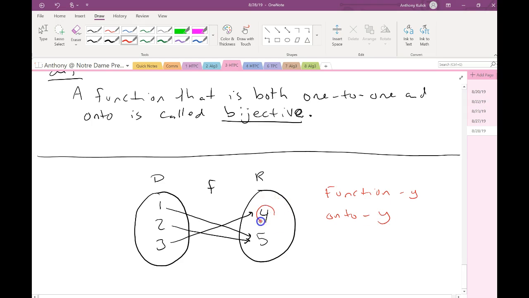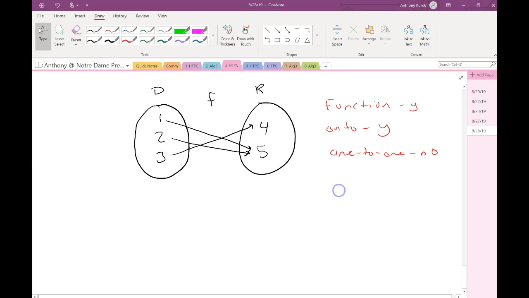All I need to check is that everything in the range is paired to with something from the domain. All the y's are covered, so that's onto. Is it one-to-one? No. And the reason it's not one-to-one is we have a y-coordinate used more than once. Okay? Let's look at what f inverse would look like then.